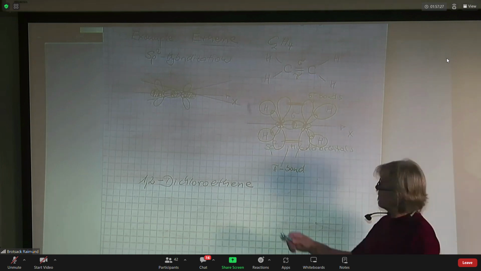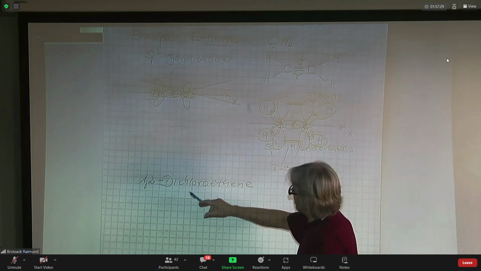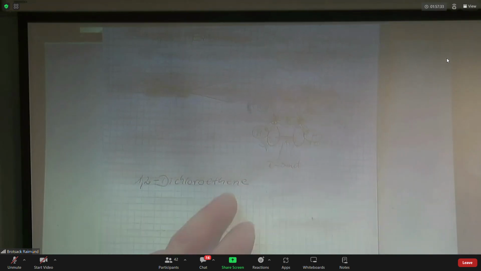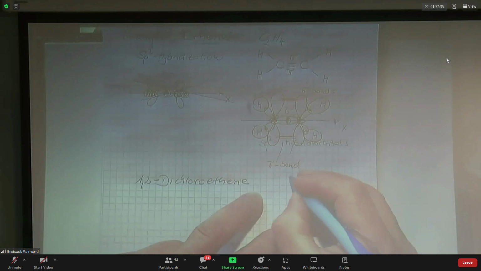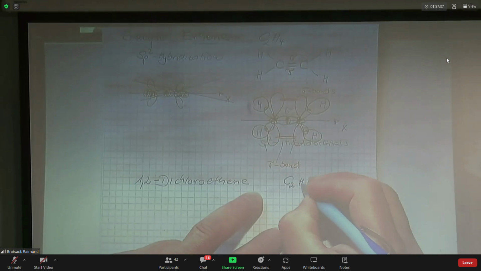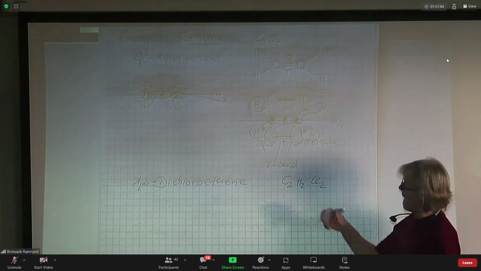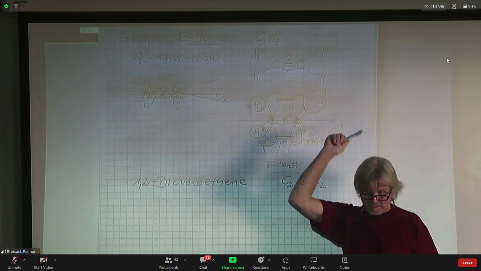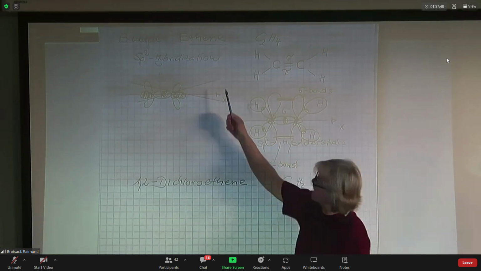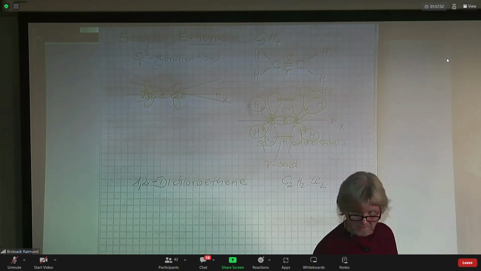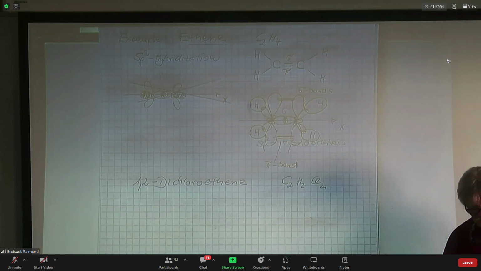Oh, instead of the hydrogen, what is the formula of that? The dichloroethene, now the formula is C2H2Cl2. It's an ethene. We have a pi bond and a sigma bond because the name ethene, E-N-E, always says now we have a double bond between the carbon. So that does not change.